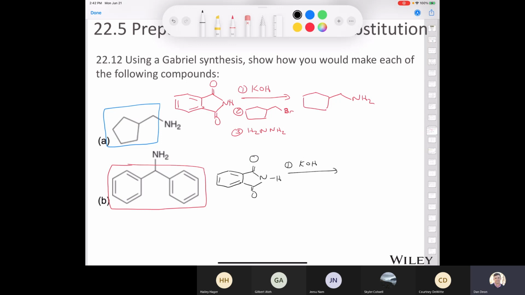Everything that's inside that red box is going to have to be a part of our electrophile. So we'll write the 2 aromatic rings, the carbon in the middle, and then we've got our alkyl halide. I'll put iodide here. You could put bromide or chloride. And then in the last step, you want to treat this with hydrazine. You end up with an uncharged molecule. There we go.